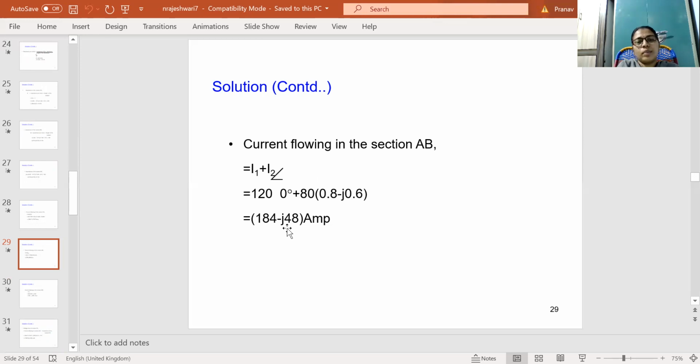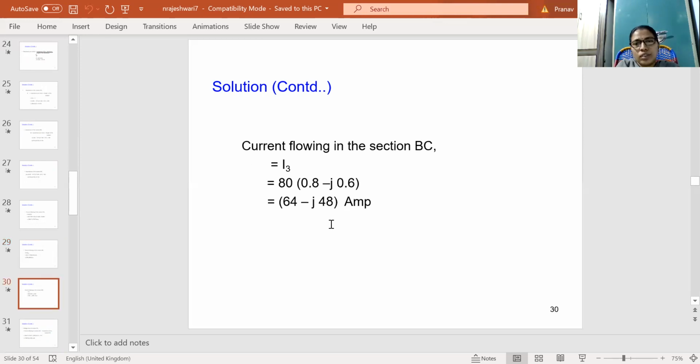Finally, 184 minus j48 amperes is the current flowing in the section AB. Next, the current flowing through the section BC is I3, so 80 × (0.8 minus j0.6), which is 64 minus j48 amperes. These are the currents in sections FA, AB and BC.